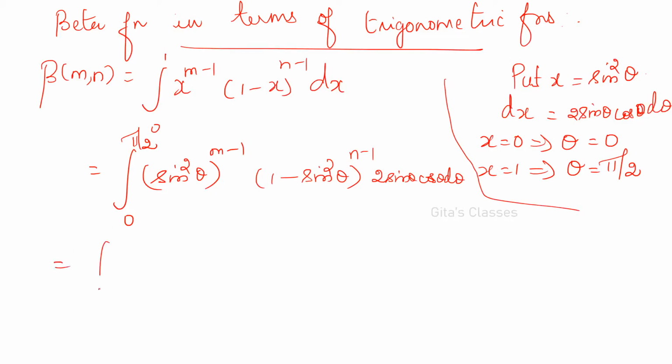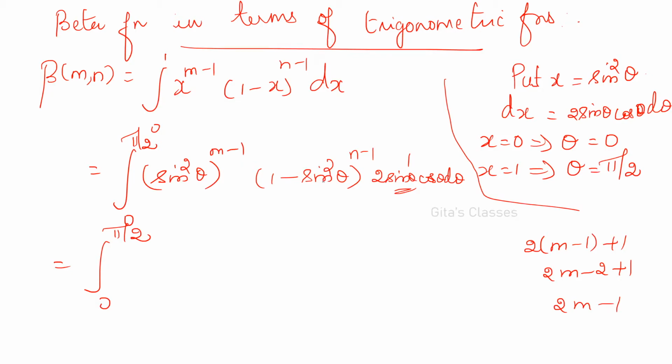So this is equal to the integral from 0 to pi by 2. See, sine power 2m minus 2, since a power m the whole power n is a power m into n. So here 2 into m minus 1, and here we have one more sine, so plus 1. That is 2m minus 2 plus 1, that is 2m minus 1.